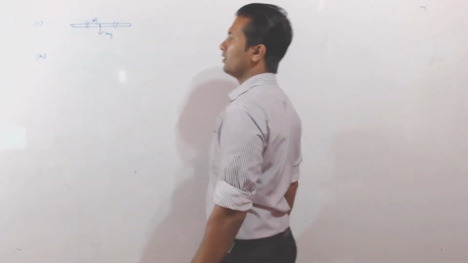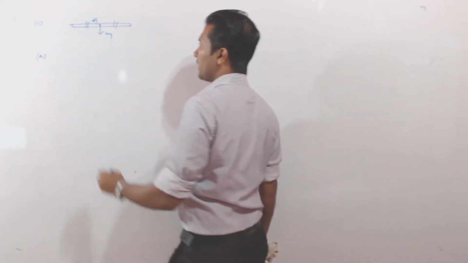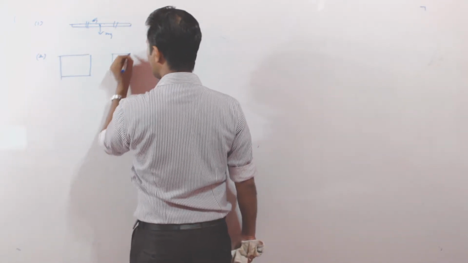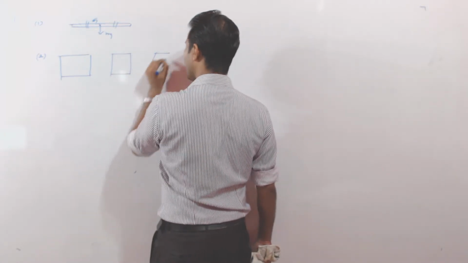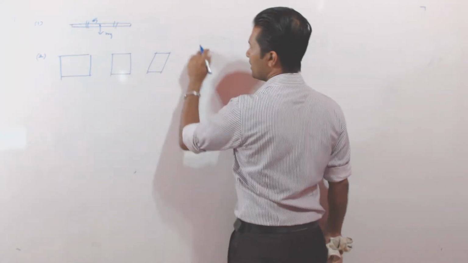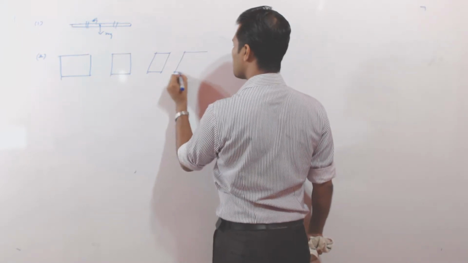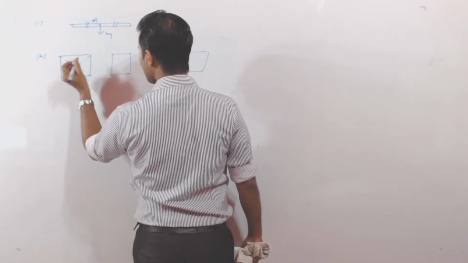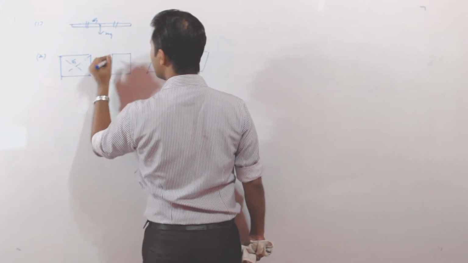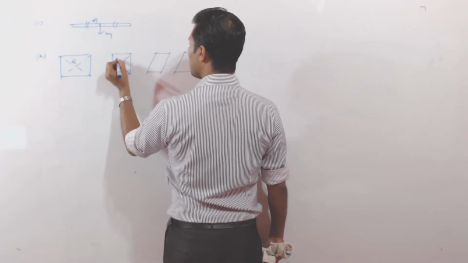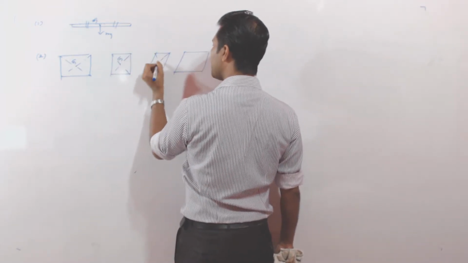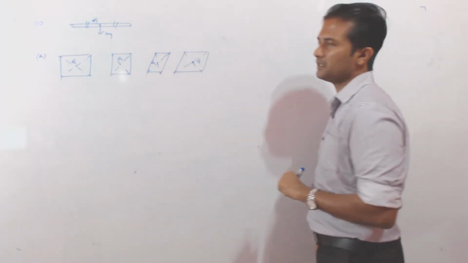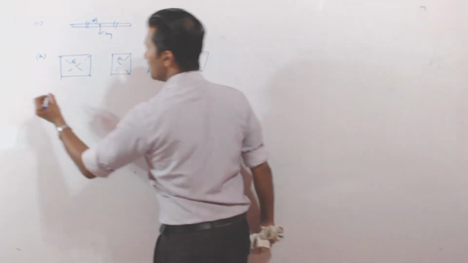The second one, what would it be? You can consider a rectangular plate, a square, a rhombus, and a parallelogram. What happens? The center of gravity locates at the intersecting point of the diagonals. Let's move on to the third one.